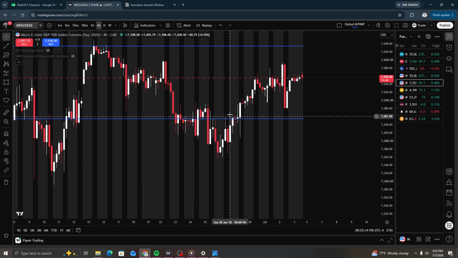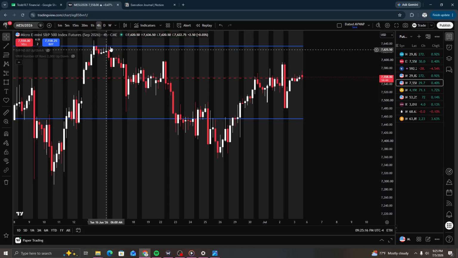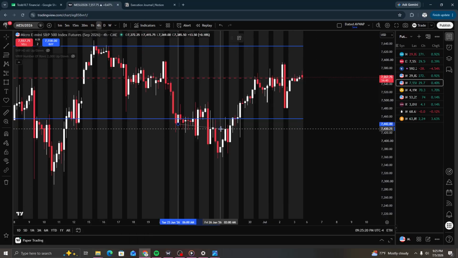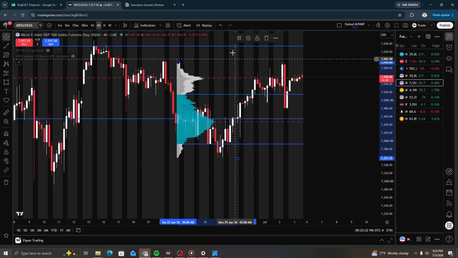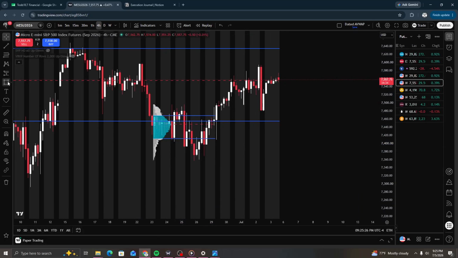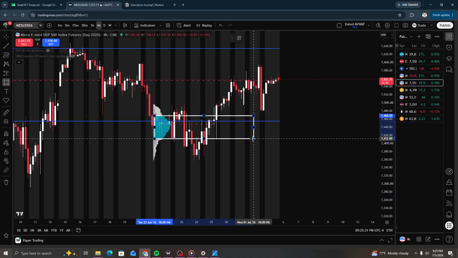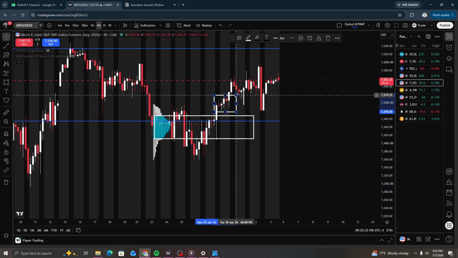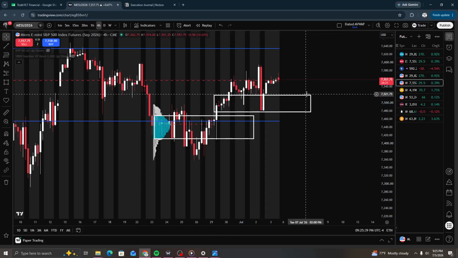With our range that we had here that we pushed above, as you can see, we built value higher and we're continuing to stay higher above it.